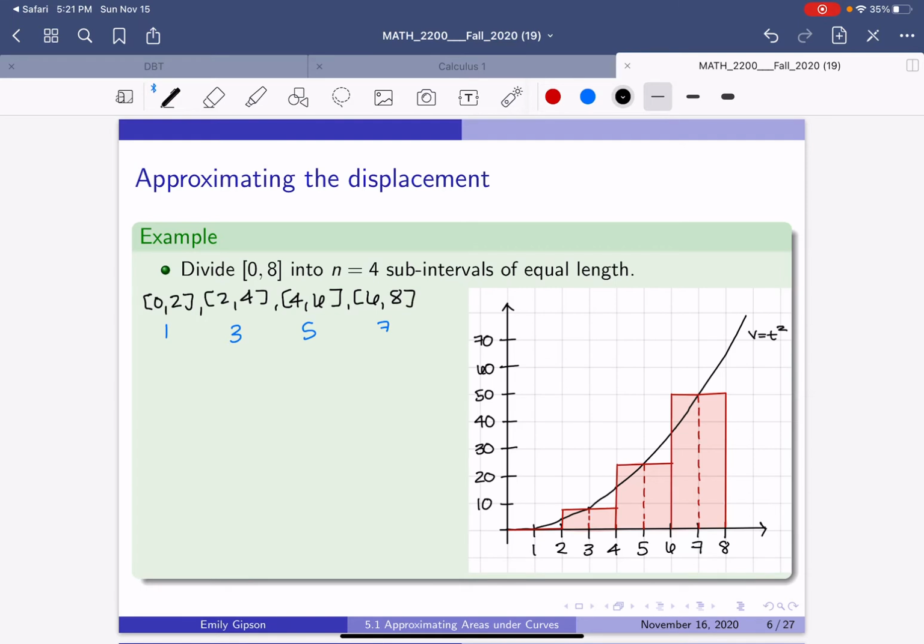And now we can set up our equation. So 1 squared is 1 times 2, which is our width, plus 3 squared is 9 times 2, plus 5 squared is 25 times 2, plus 7 squared, which is 49 times 2. And all of this adds up to be 168 meters.